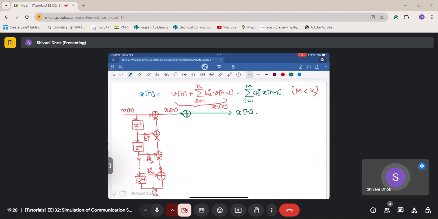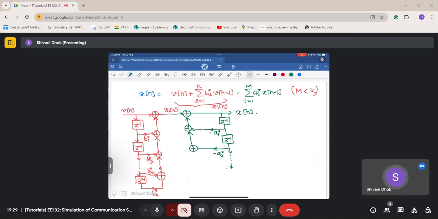Okay, and what is this green part now? This is basically a delayed version. So this is x of n minus 1. You scale it by minus of a1 and then add it like this. Similarly, z inverse, you scale it by minus a2 conjugate and add it, and so on.